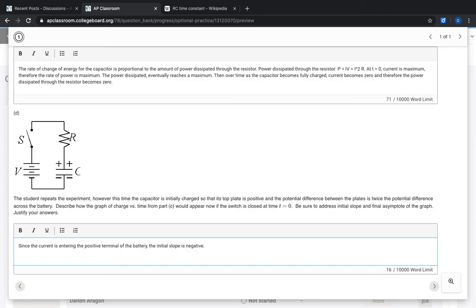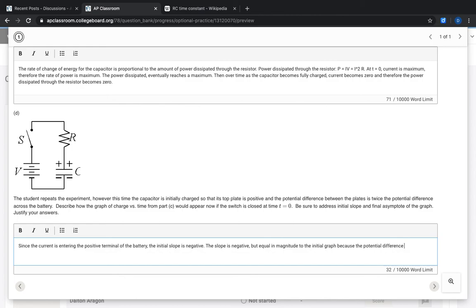Okay, the slope is negative but equal in magnitude to the initial graph because the difference in potential between the capacitor and the battery is the same.